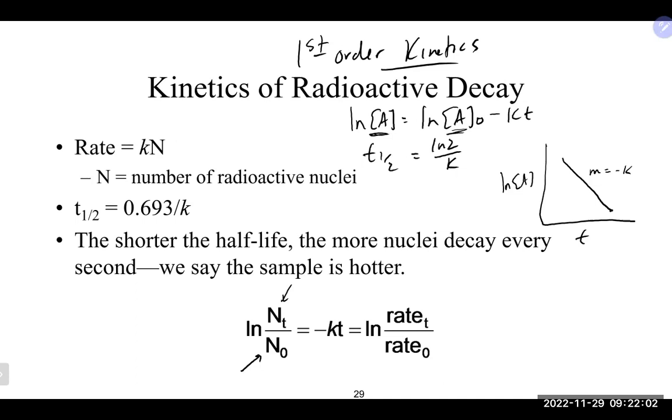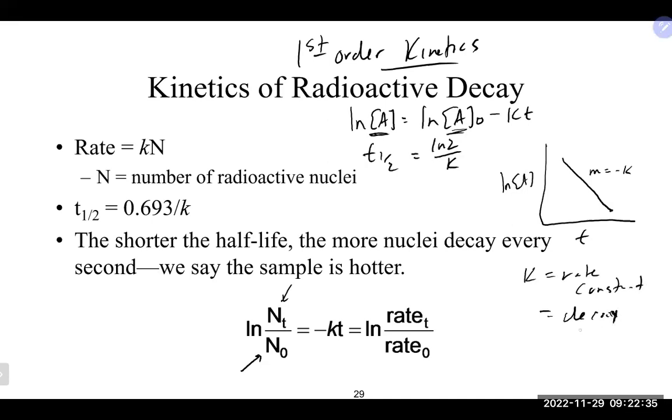So you could use grams, you could use milligrams. You could also use rates in there as well. So rates of radioactive decay is also used in there. As long as the units are the same on both sides, you really could use anything. You don't have to necessarily use molarity in there for the A part of it. So sometimes they'll use that as N. Also, the k, which we call the rate constant in kinetics, is what is referred to as the decay constant.